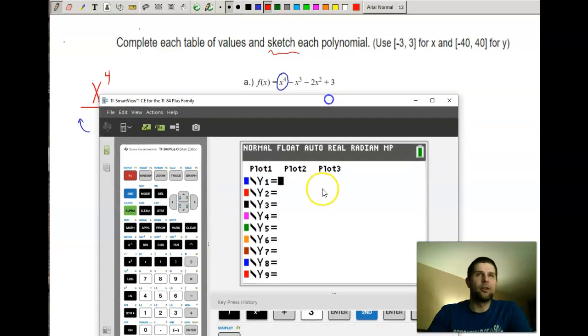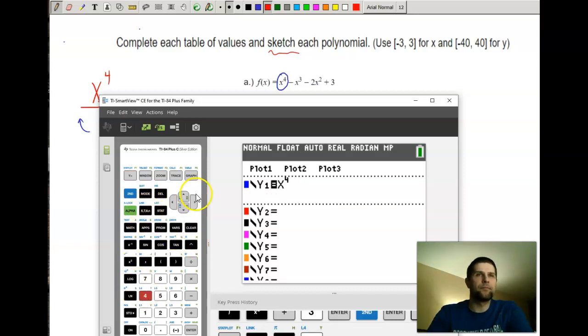So that's what we're going to do here. We're going to type in x to the fourth. The x button is right here next to the alpha. x to the fourth minus x cubed minus 2x squared plus 3.